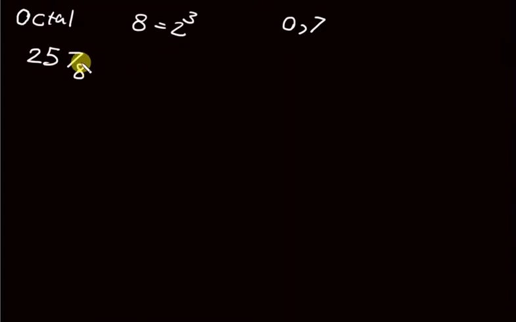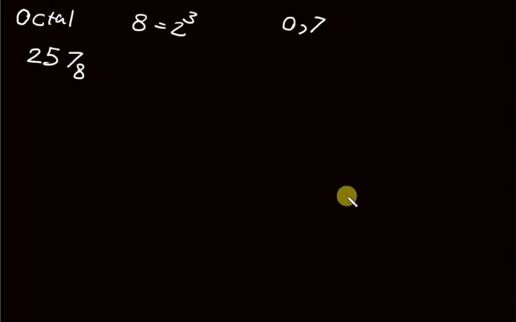Since each one of these digits can get a value between 0 to 7, and base 8 is 2 to the power of 3, that means for each digit of octal we can have 3 places in order to convert that to binary. So let's do that for this number.